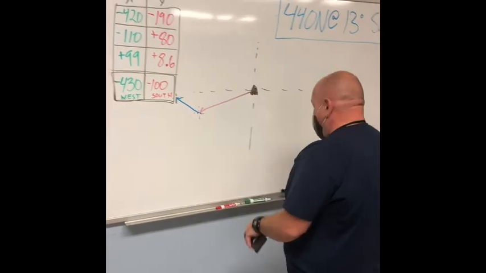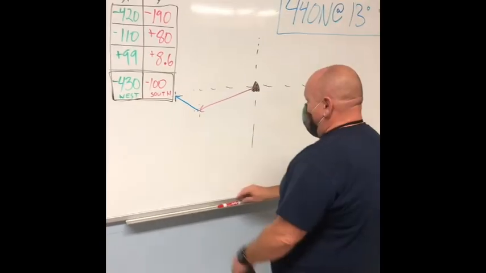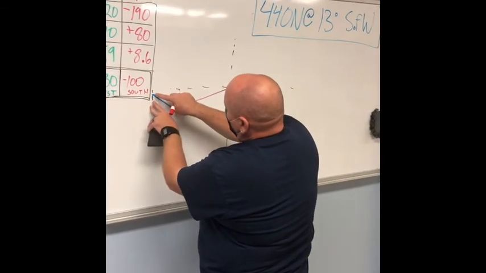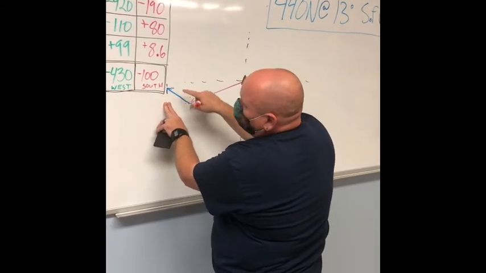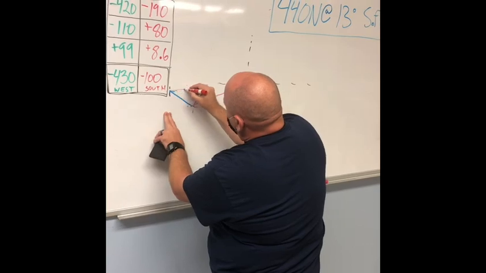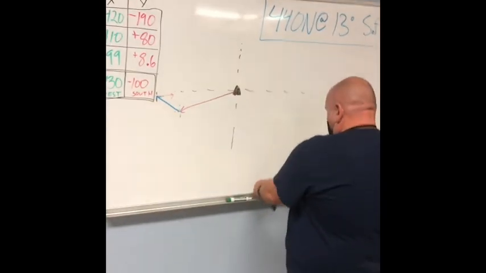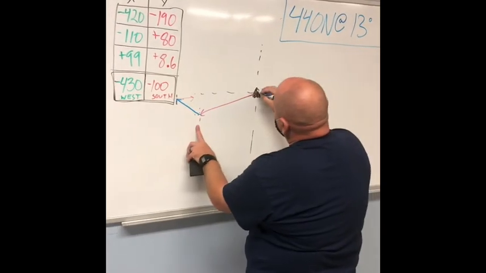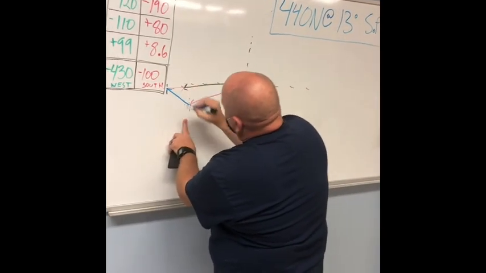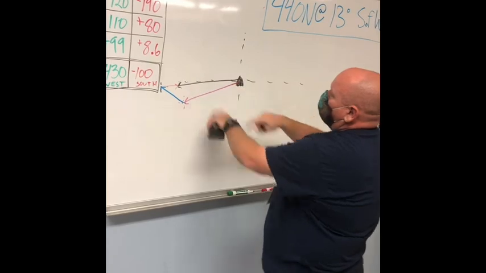This is how I would be doing it if I was solving it graphically. And then 99 newtons, 5 degrees north of east. So 5 degrees north of east is pretty much in this direction, 99 newtons. Okay. Then I'm going to use this black one. So if I was doing this graphically, that would be my vector.